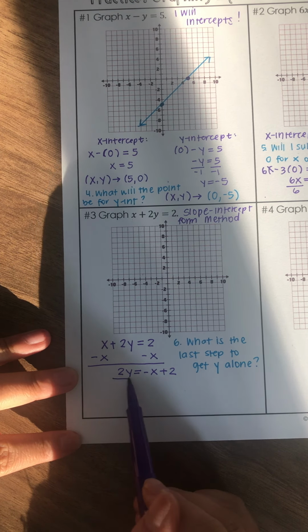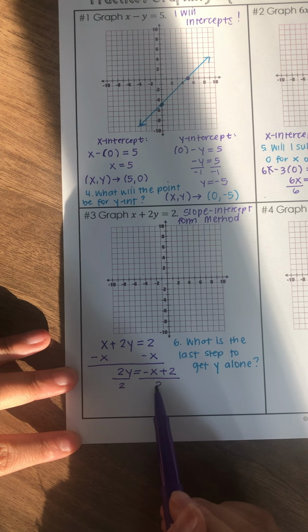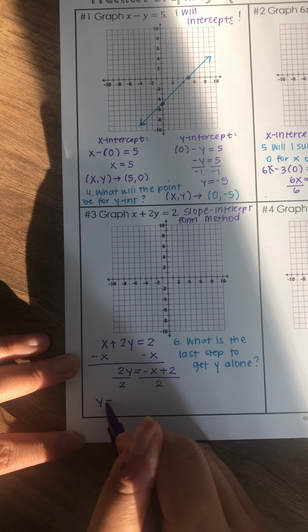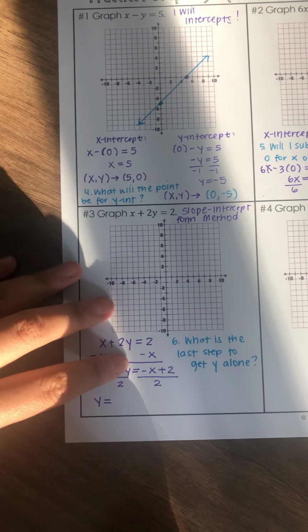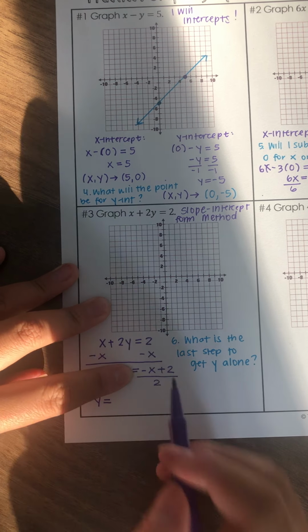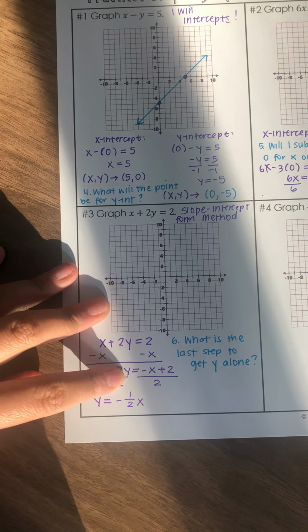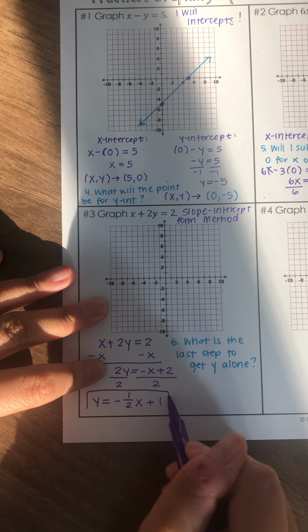Perfect, I will go ahead and divide both sides by 2 since 2y is technically multiplication, leaving me then with an equation in slope-intercept form of y equals this negative 1x divided by 2 will give me a negative half x like that plus 1.